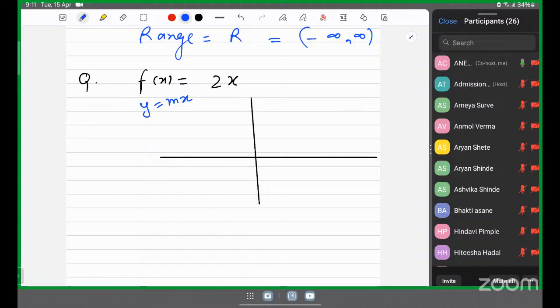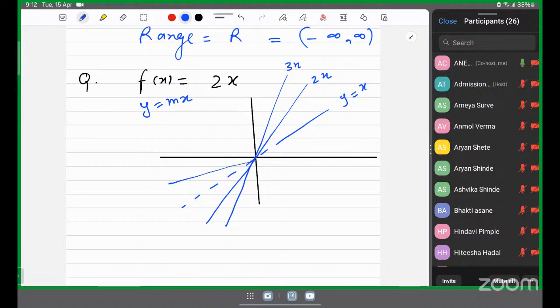So if this is your y equals x graph, y equals 2x graph will pass here, y equals 3x will again be more tilted towards the y-axis. So this graph will go something like this. This is y equals 2x, this is y equals 3x. If you make it half of x, then the graph will go away from the y-axis. So this time the graph will go something like this, y equals 1 by 2 x.